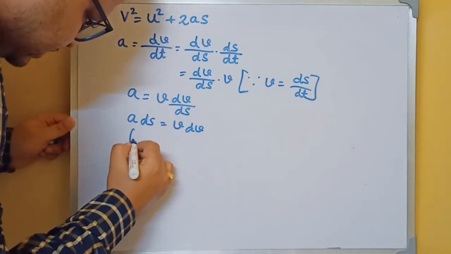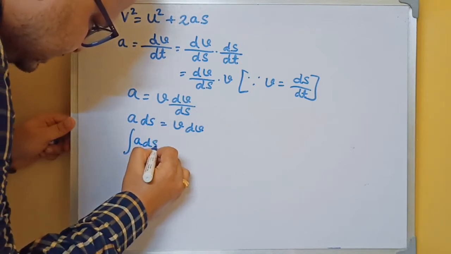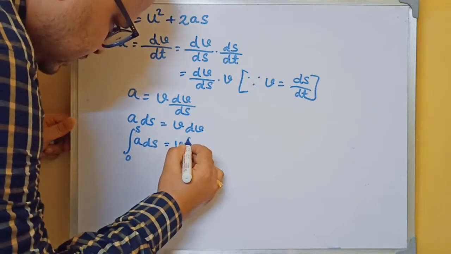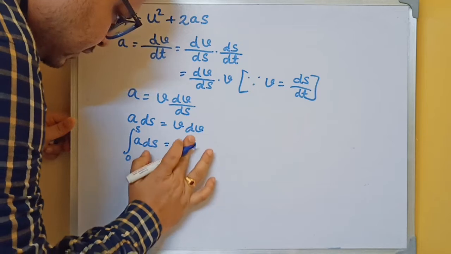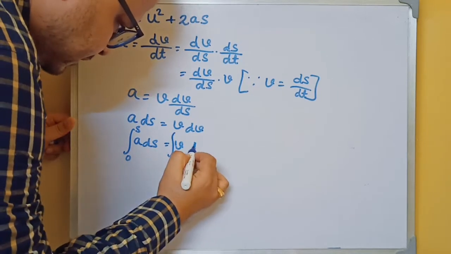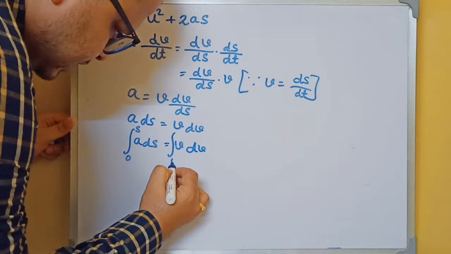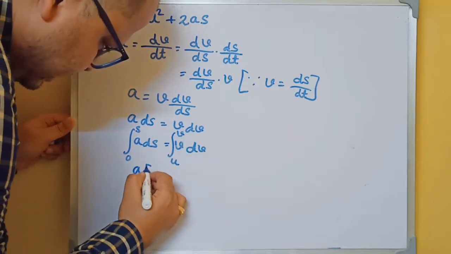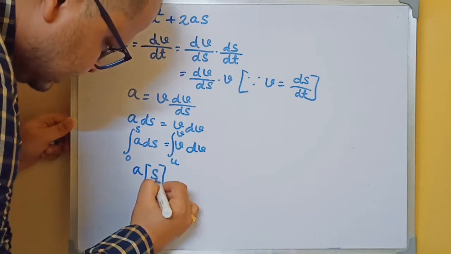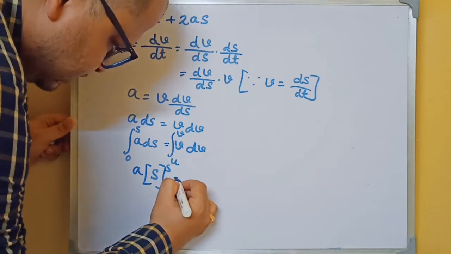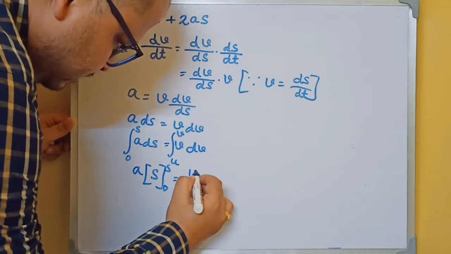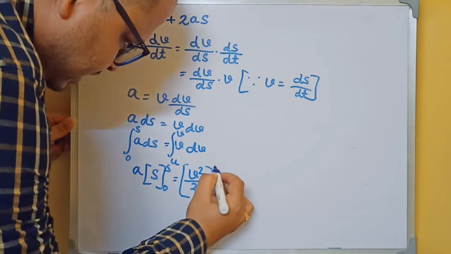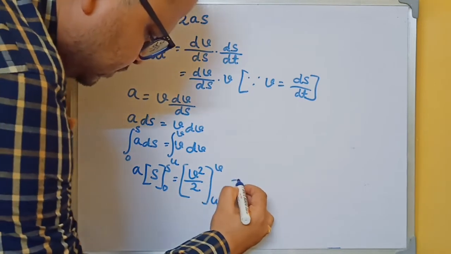Now you take the integration, a ds initial 0 final s, v dv, integration of v dv initial velocity u final velocity v. So here a common, s upper limit s lower limit 0, integration of v dv, this is v square by 2, upper limit v lower limit u.